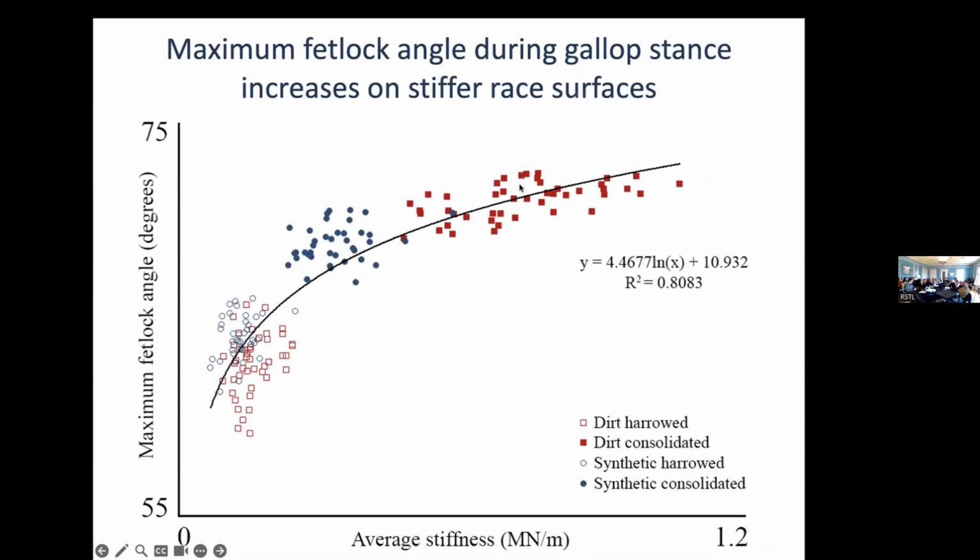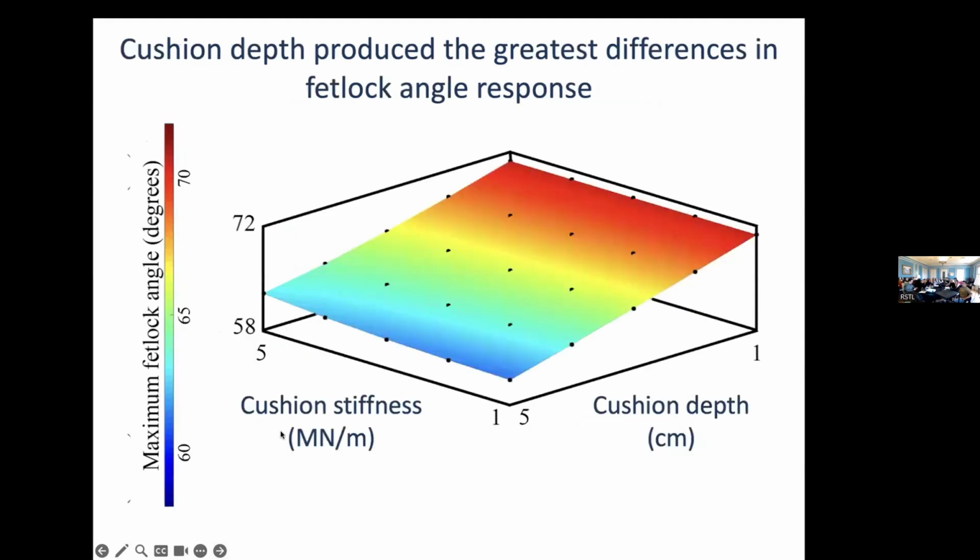We recognize that the stiffer the surface, the greater the maximum fetlock angle extension. What we're looking at here is dirt in red, synthetic in blue, and compacted and harrowed surfaces. But basically the key feature is that we care about stiffness and load rate relative to maximum fetlock angle, because it makes a difference to limb kinematics and propensity for injury.